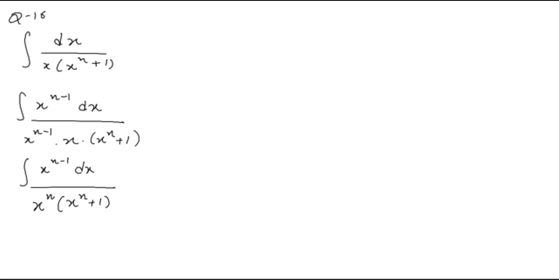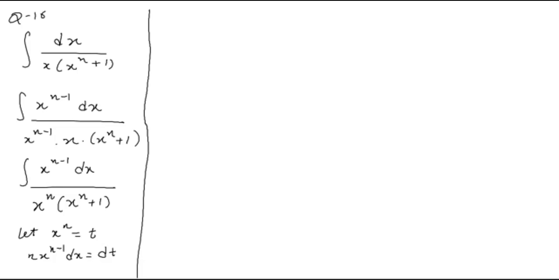So here I will use the substitution method. I will substitute x raised to n as t. So n x raised to n minus 1 dx will be my dt, so x raised to n minus 1 dx will be dt by n.